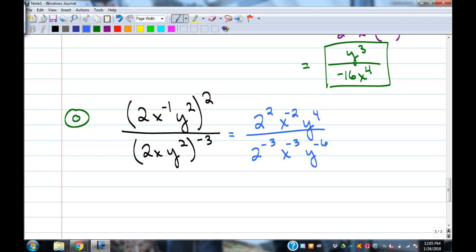Now, what's the next thing that happens? All right, how many same bases do I have? All of them. Just so happens the numbers have the same bases too. So I'm going to use the exponent properties on those too. So we get 2 minus negative 3.